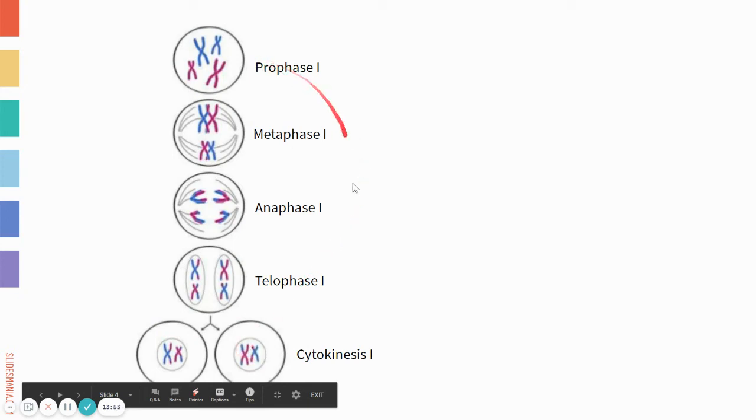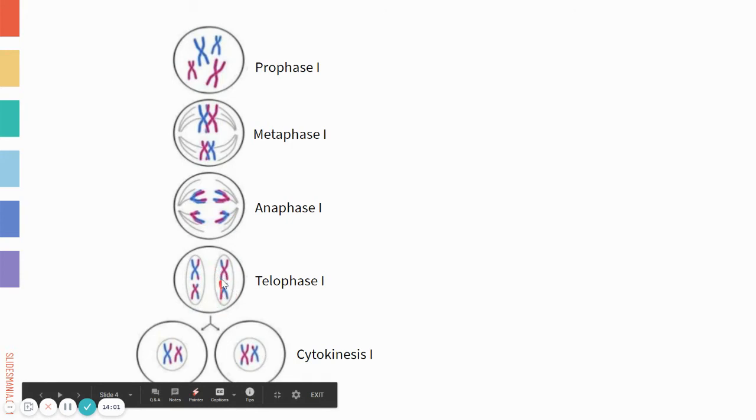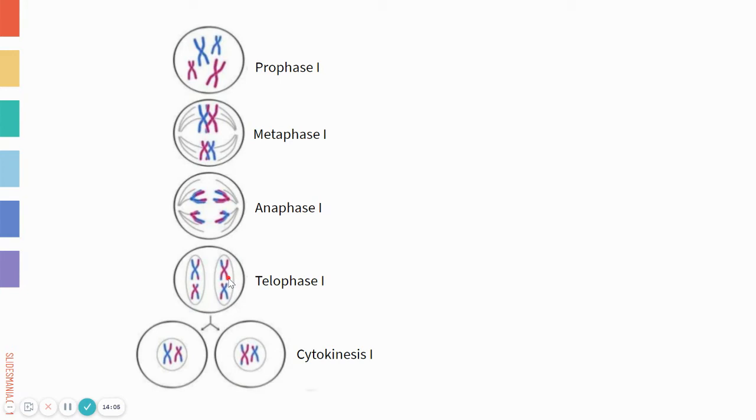So we've gone from diploid to haploid in our daughter cells by the end of meiosis 1. You'll notice that the chromosomes sort of changed color, and now this chromosome is purple and blue. We'll talk about that in the next video. It's a special process that only happens in meiosis, but don't worry about it for this video.